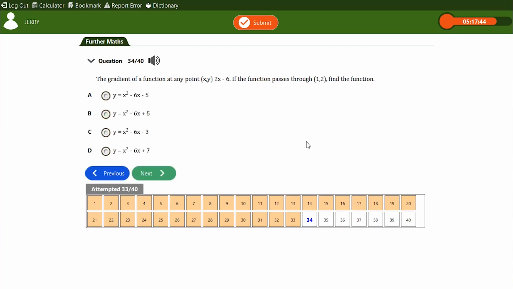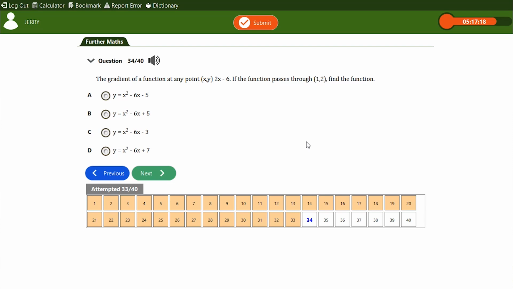The gradient function at any point x is 2x minus 6. The function passes through 1, 2. To find the function, this is a differentiation already. I think you need to integrate now. It's a gradient function, meaning it has been differentiated already.